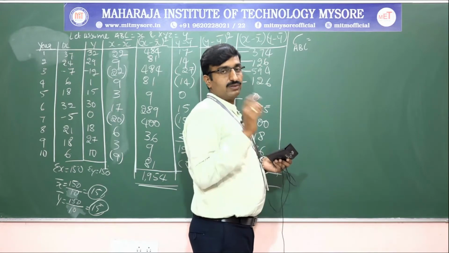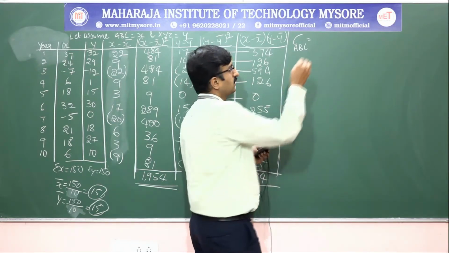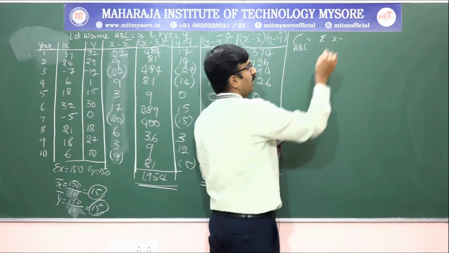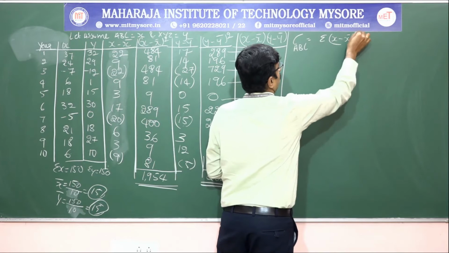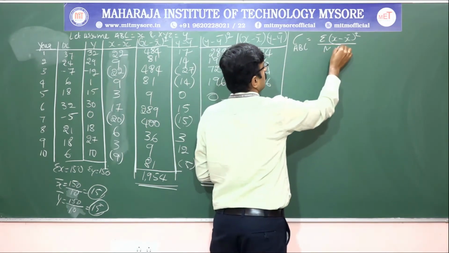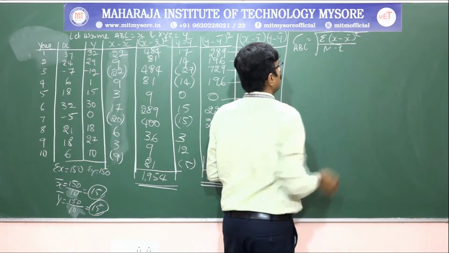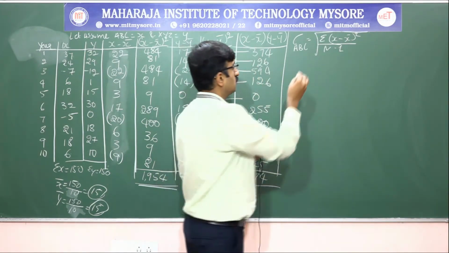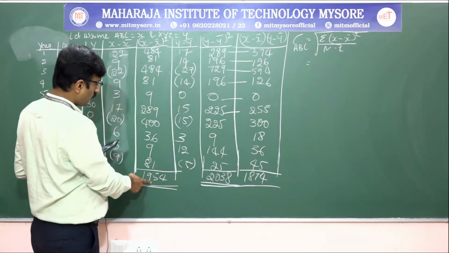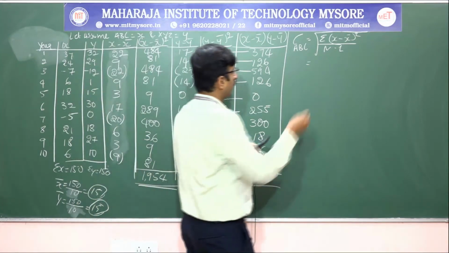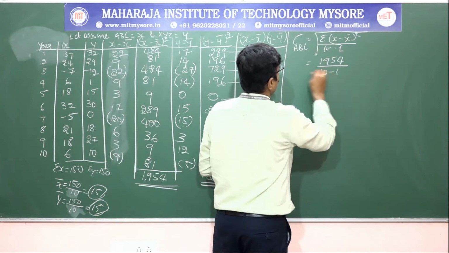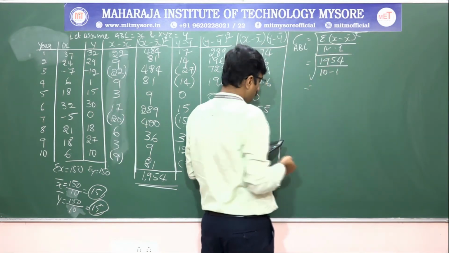Individual security standard deviation is equal to the root of sigma x minus x bar whole square divided by n minus 1. For this we have to find the root value. Already we have found sigma x minus x bar whole square is 1954 divided by 10 minus 1. For this we have to calculate the root value.